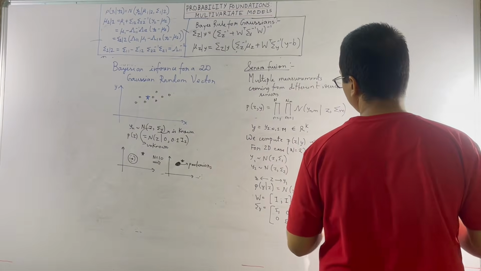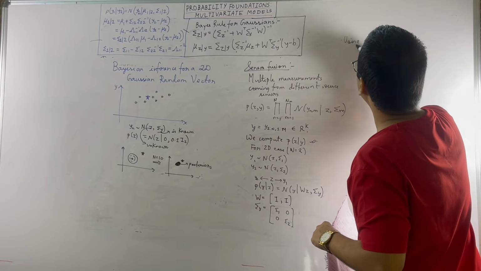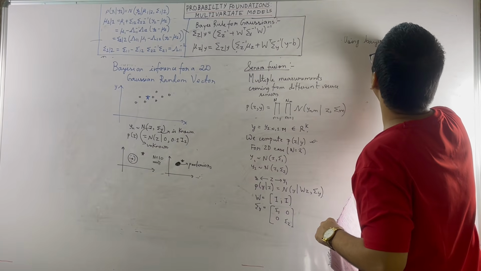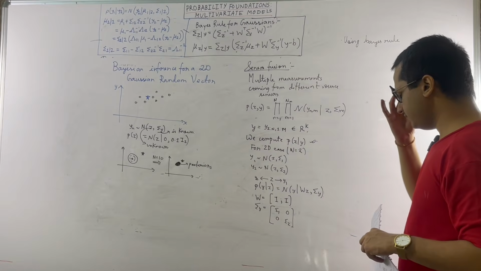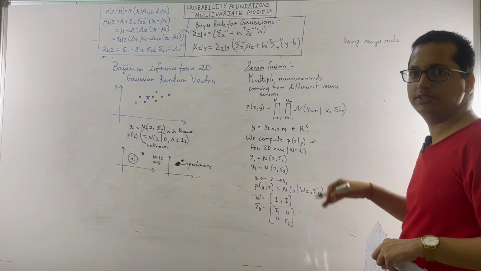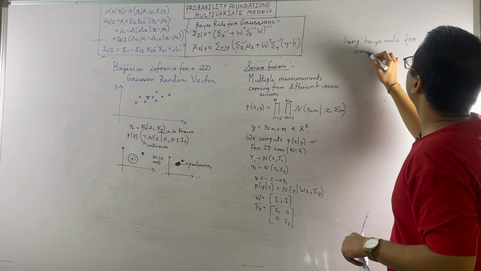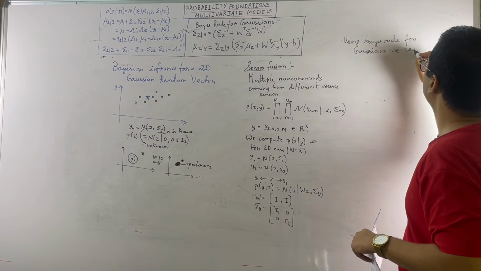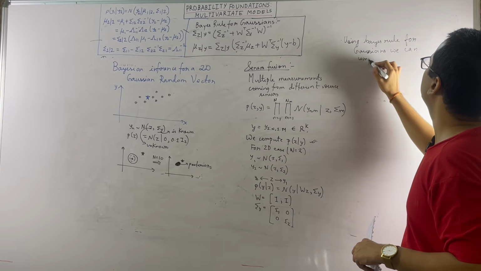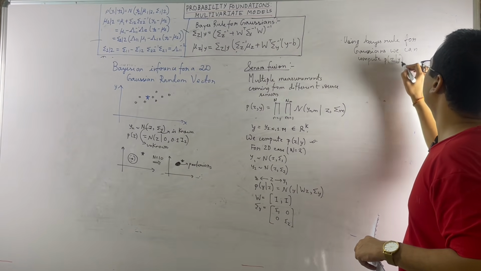So using Bayes rule for Gaussians, the formulas that we wrote for posterior mean and posterior precision, we can use them to compute p of z given y. All right.